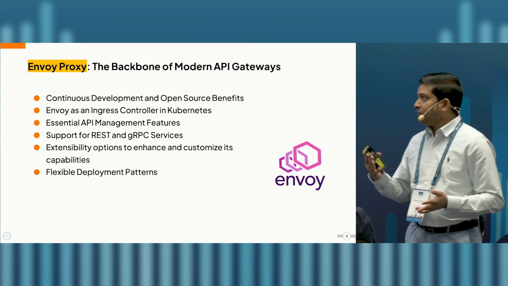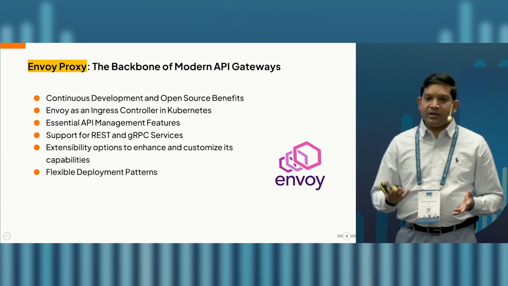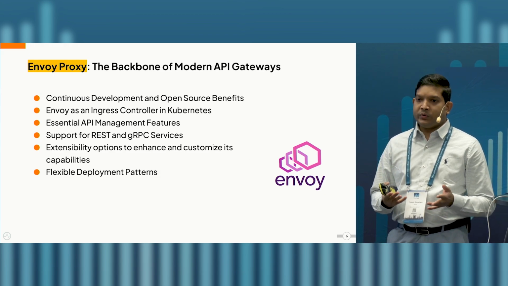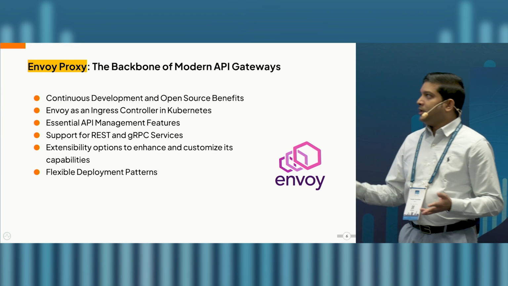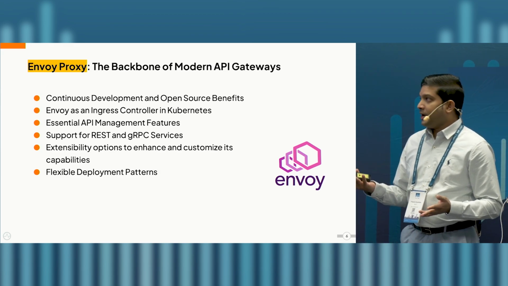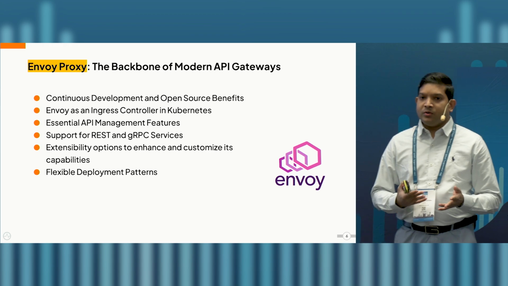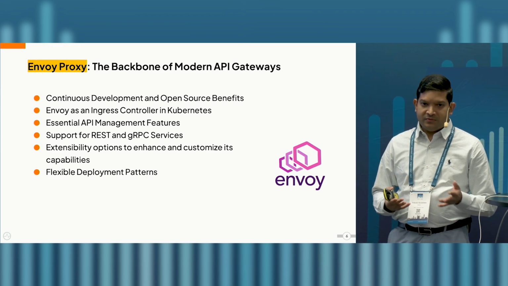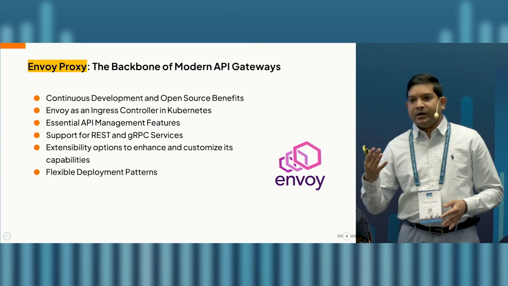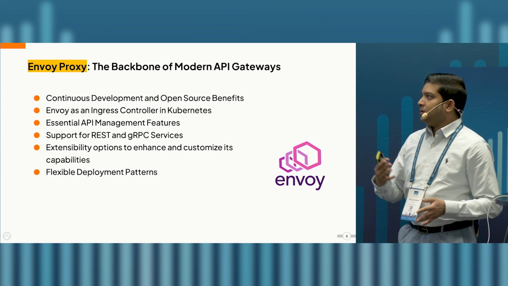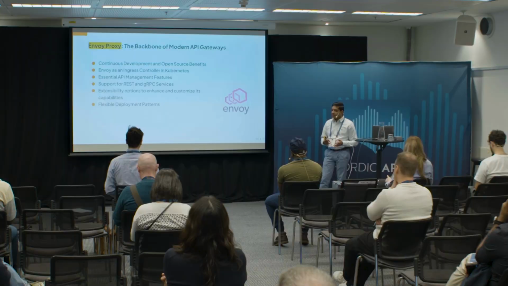And Envoy proxy is widely used as a runtime for ingress controllers, mainly due to running it as a production-ready edge proxy. It also brings API management features like authentication, authorization, rate limiting, and much more of some of the key features in API management.